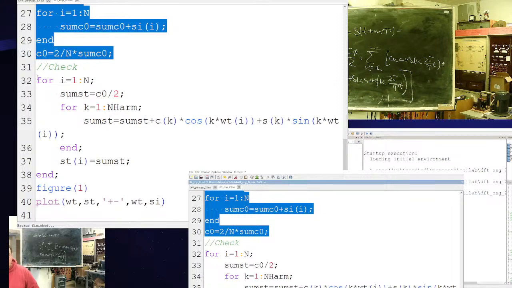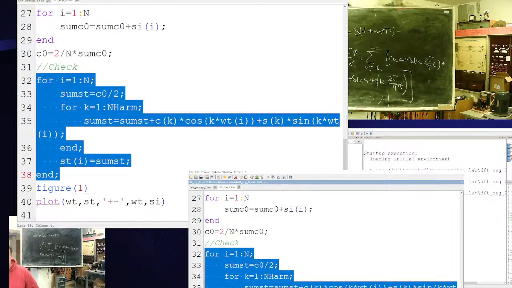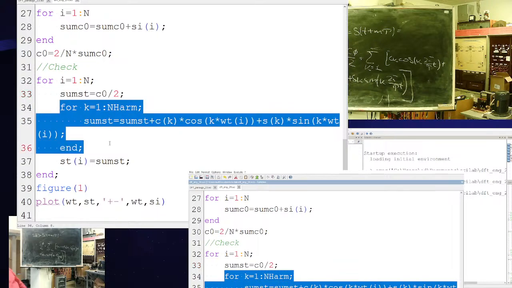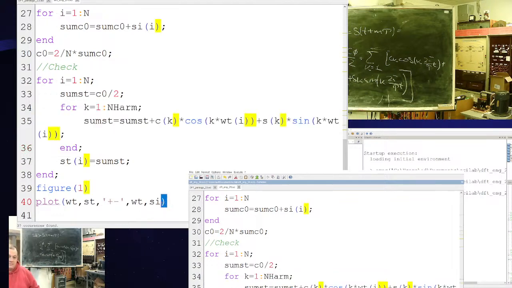So here is synthesis, a very simple synthesis by this formula. Here is C0 by half, and from 1 to number of harmonics, I perform this Fourier synthesis. The resulting line should match my table. If not, I'm doing something wrong.